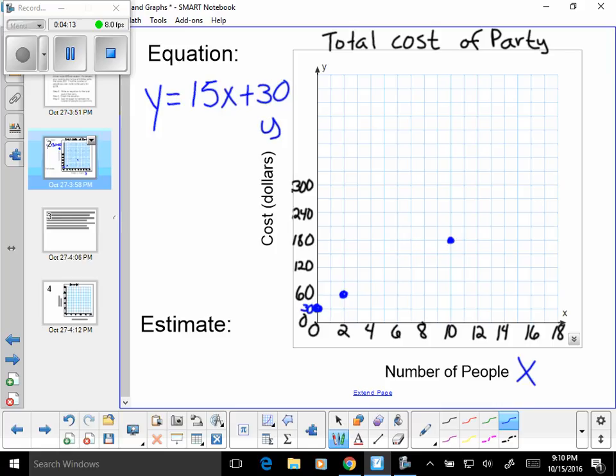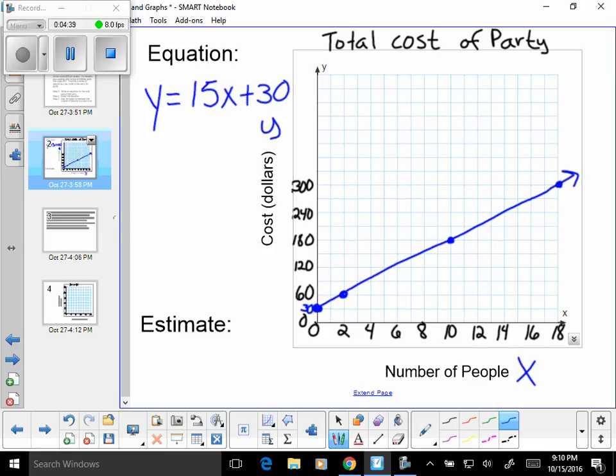Now this is where you get your ruler out and you start drawing in your line. Now to help me draw, I'm going to put a target point up here at 18, 300. And there's my line.